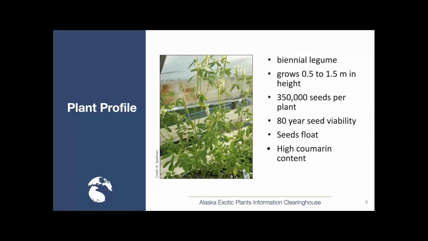So like Bruce said, this is a plant that is of concern mostly because it is so prolific. 350,000 seeds per head. The seeds last 80 years in the seed bank, and we have some buried bag studies here in Alaska where they dug it up and it's still viable. And it also has coumarin in it.